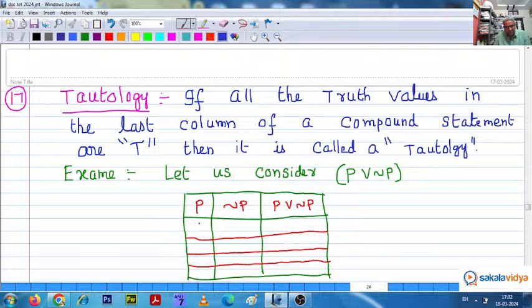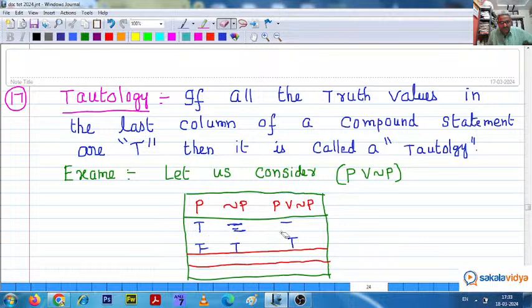For example, this is true, this will be false. So, P or negation P, true or false is true. For example, this is false, this will be true, again true. Only two cases you will be getting.